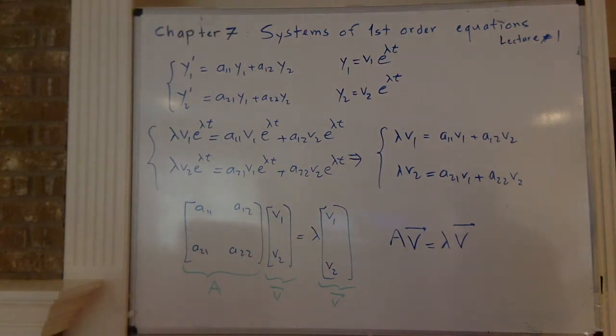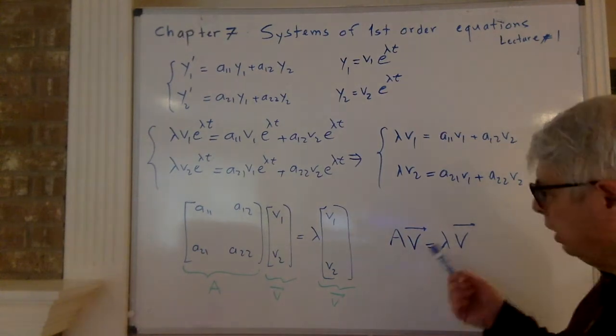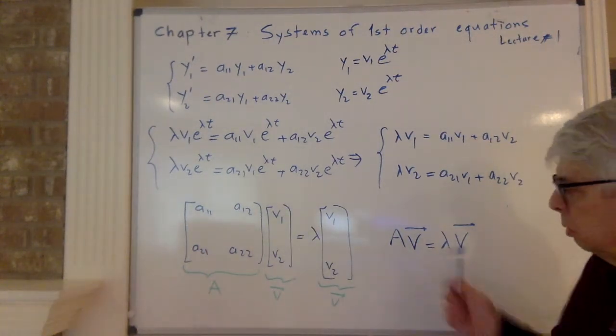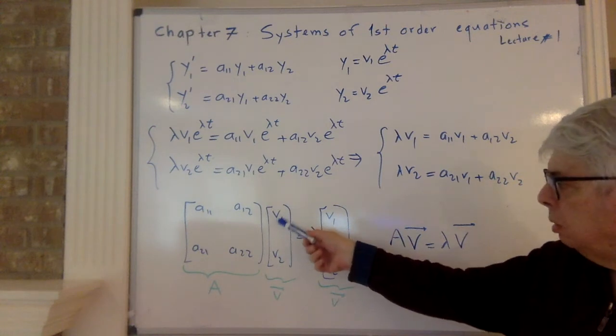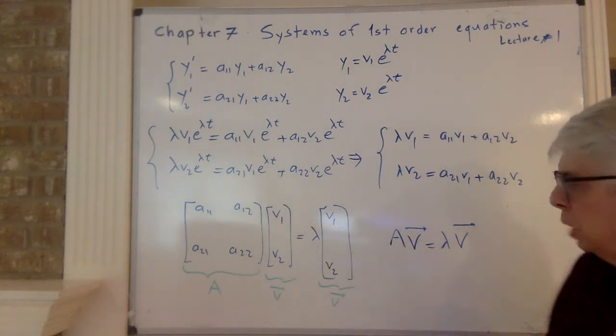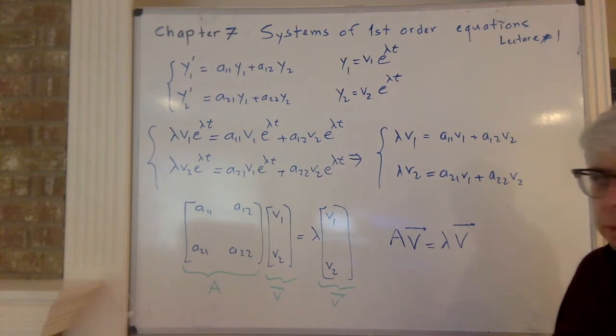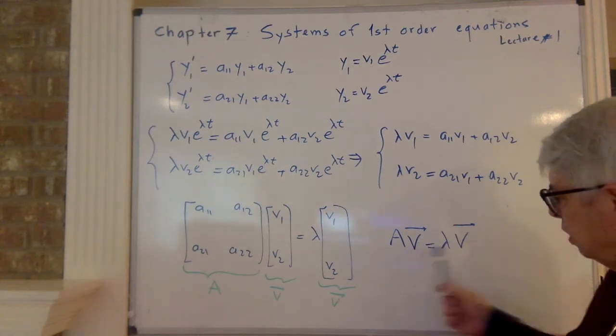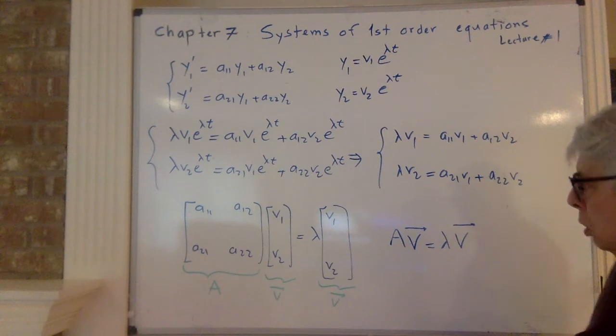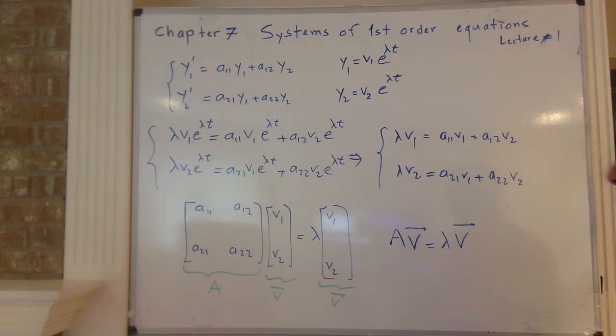If I can find a V1, V2 here somehow, then I can multiply or divide it by a non-zero number, so any multiple of V is also a solution. So V is not unique. But how about lambda? Well, who knows? Anyway, this kind of equation, where an operator times a vector is a number times the same vector, is an example of what we call an eigenvalue problem.